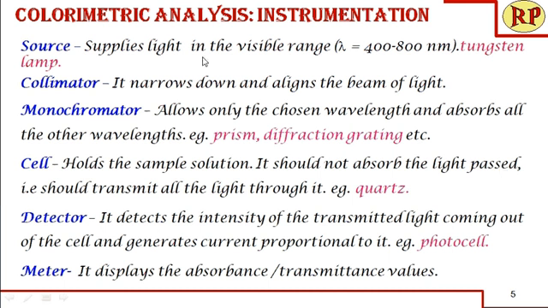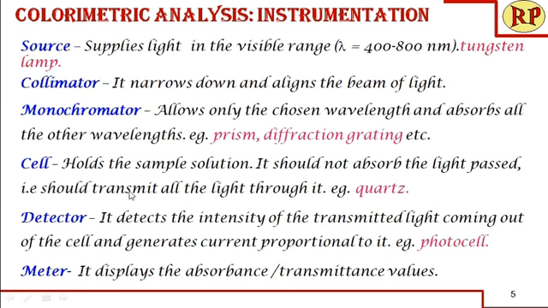What we have discussed, we have just given in statements. Source supplies the light of visible range. Collimator narrows down and aligns the beam of light. Monochromator allows only the chosen wavelength. A prism or a diffraction grating can be used. Cell is what holds the sample. It's very important that the cell should not absorb any light.